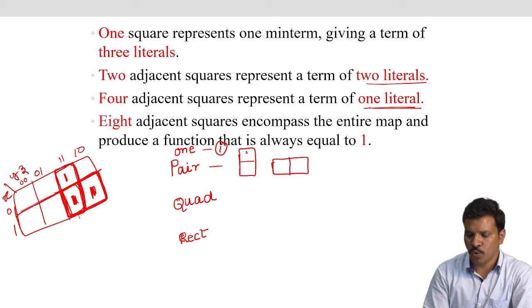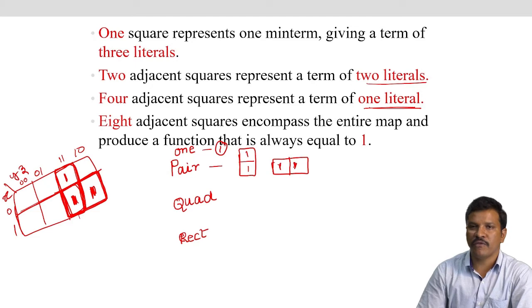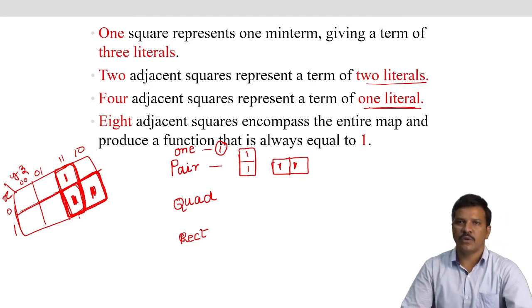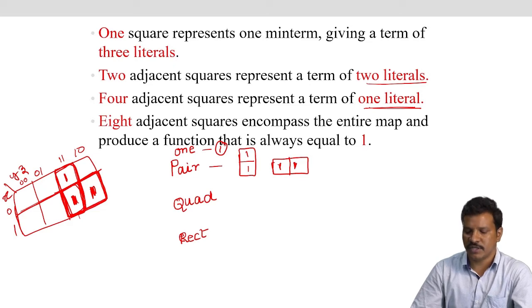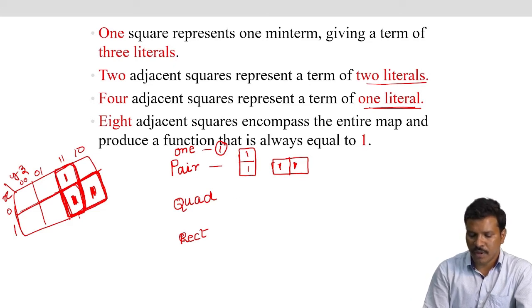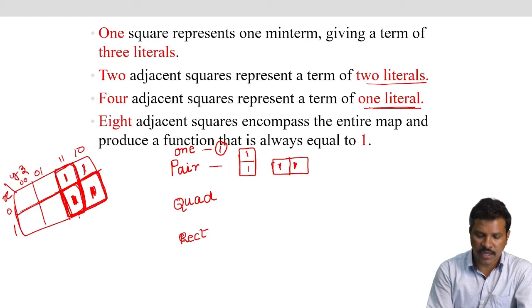So these two adjacent ones are called a pair. Whenever this kind of shape comes, those two adjacent squares represent a term of two literals in the three variable function.